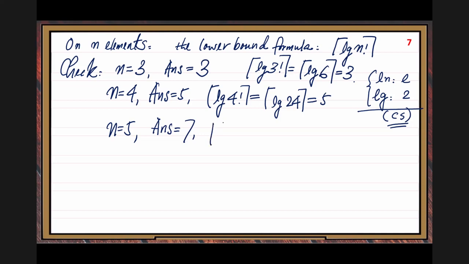Let's see the ceiling function of log base 2 of 5 factorial. 5 factorial equals 120, right? 120 is greater than 64, less than 128, which is 2 to the 7th.